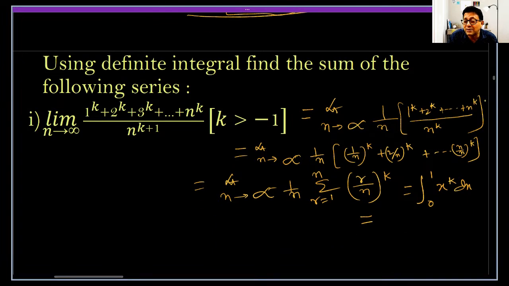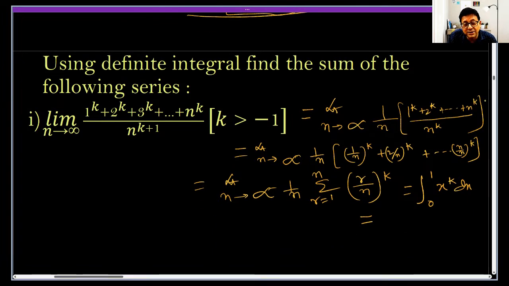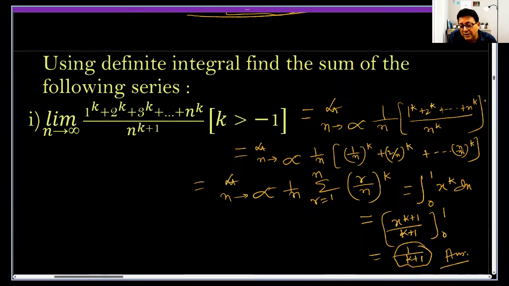Can be done many other ways, but definite integration is great to use for this kind of sums. It is x to the power k plus 1 by k plus 1, 0 to 1. So 1 by k plus 1 is the answer. Clear? Understood?